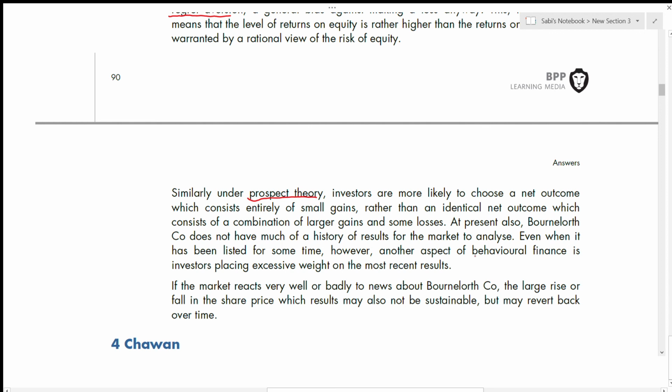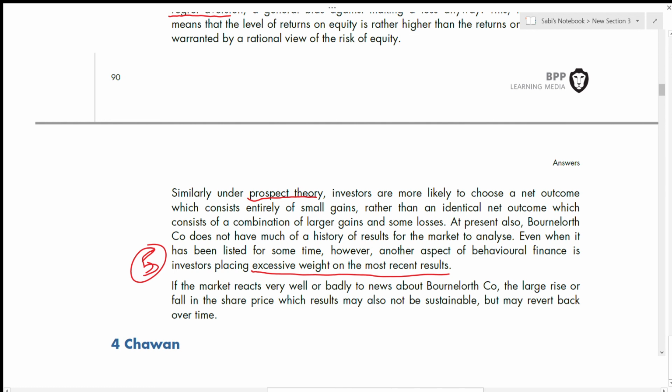However, another aspect of behavioral finance is investors placing excessive weight on the most recent results. This is number 5. Investors are placing excessive weight on the most recent results rather than what is more relevant. If the markets react very well or badly to the news about the company, a large rise or fall in the share price may result, which may also not be sustainable.